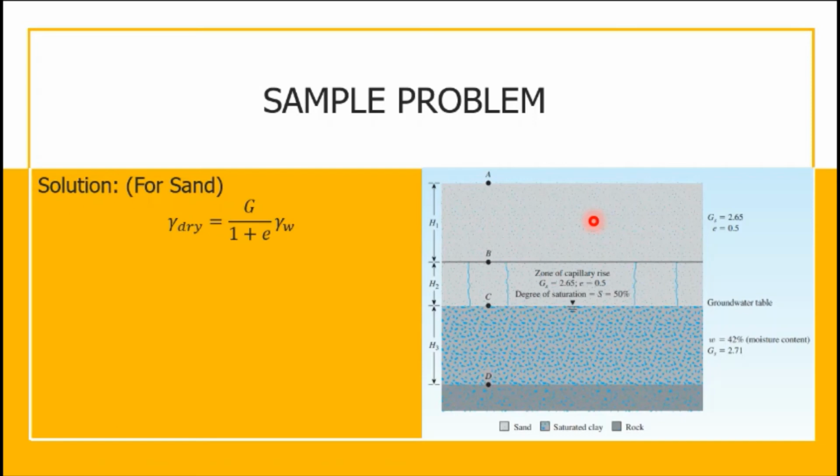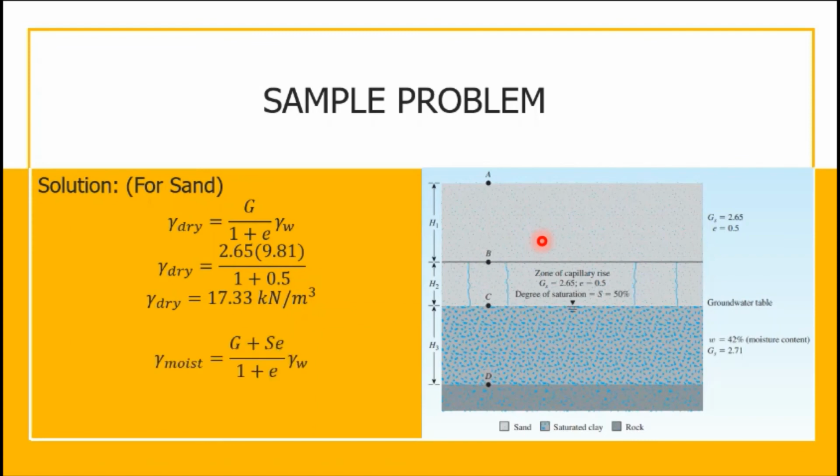But in this case, it was not said to be moist. That's why we get the unit weight at dry state. So this gives us 2.65 multiplied by 9.81 over 1.5, and the dry unit weight of this soil is 17.33 kilonewton per cubic meter.